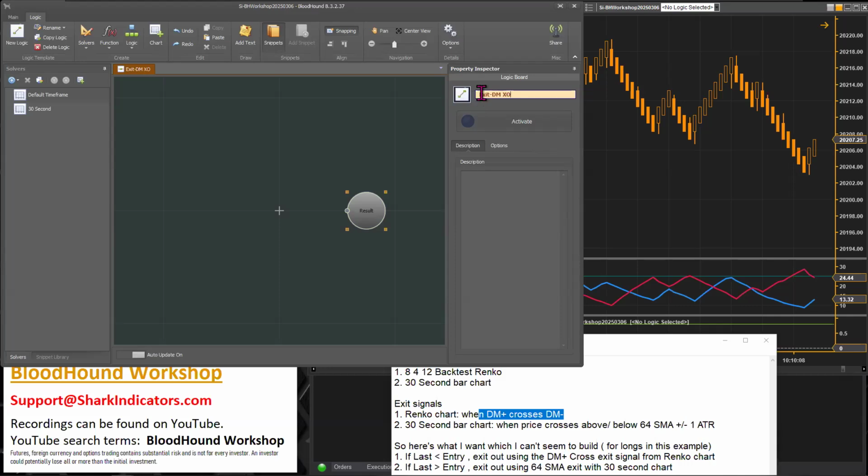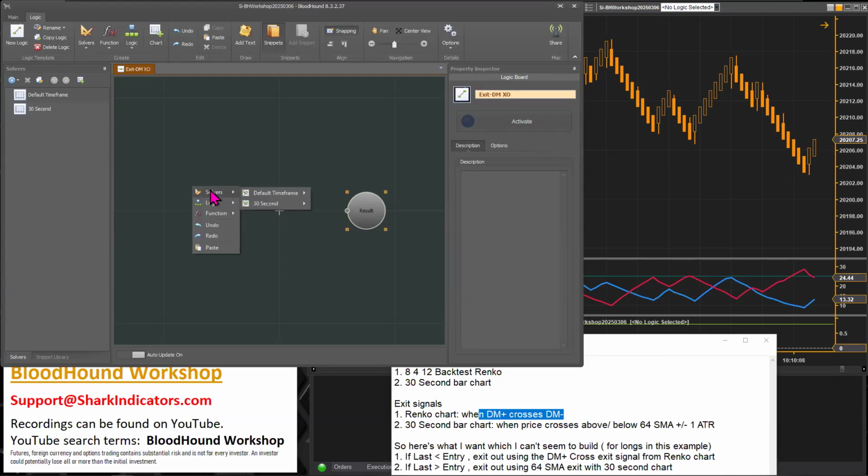So this is an exit signal. I always just use the keyword exit, and then this is going to be the DM crossover exit signal, right? What that does is it names your logic template here. So we just want a crossover.